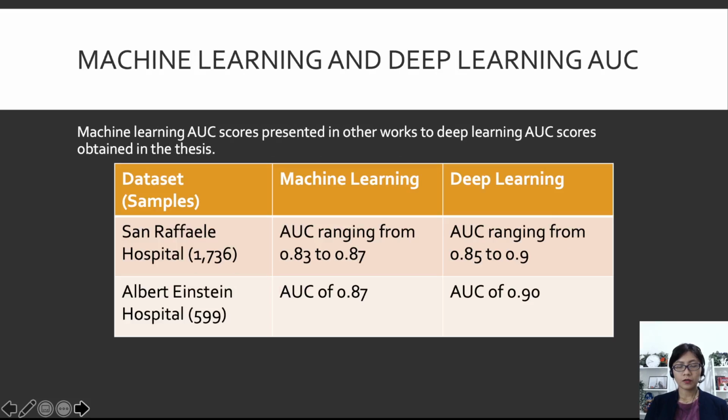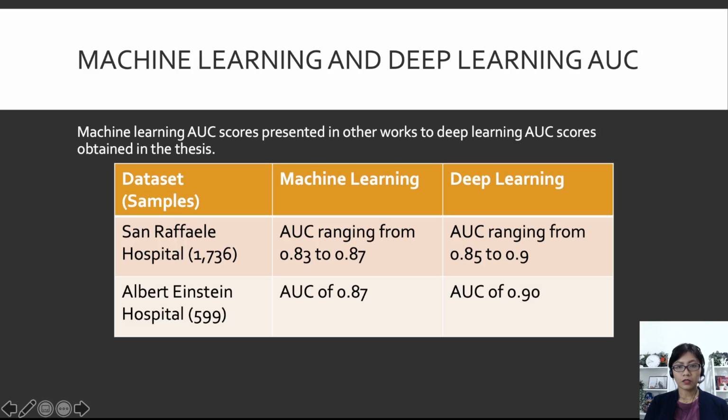Okay, when we look at the literature review, they all use machine learning. When we compare the result with the previous results from other authors, we can see that machine learning can yield an area under the curve ranging from 0.83 to 0.87, but with deep learning we can increase it a little bit, so we can achieve an area under the curve from 0.85 to 0.9.